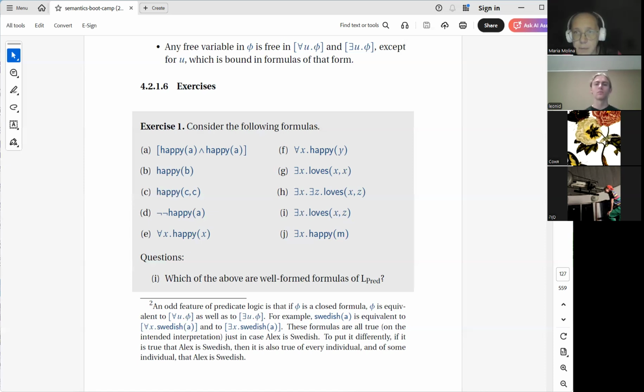Because x can love himself, right? Yes. So G looks like a well-formed formula to me.